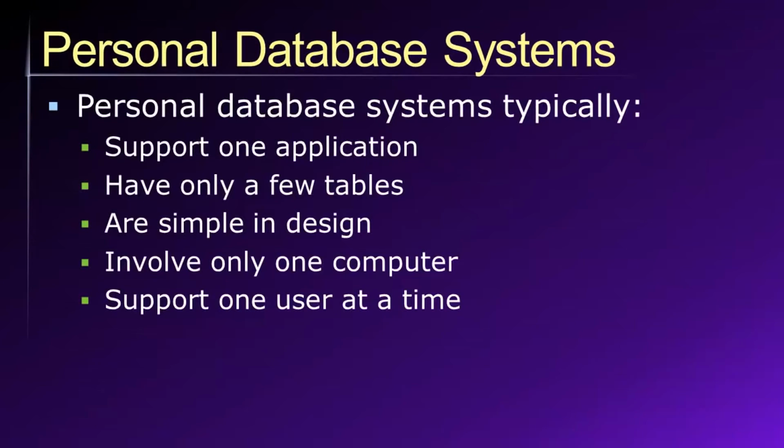Finally, for this lecture, I want to just talk about some of the different types of database systems that are available. First, we can consider something called a personal database system. These are very small databases. They are typically used by a single user at a time.